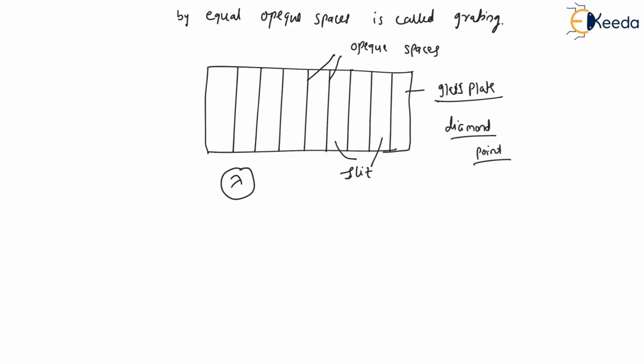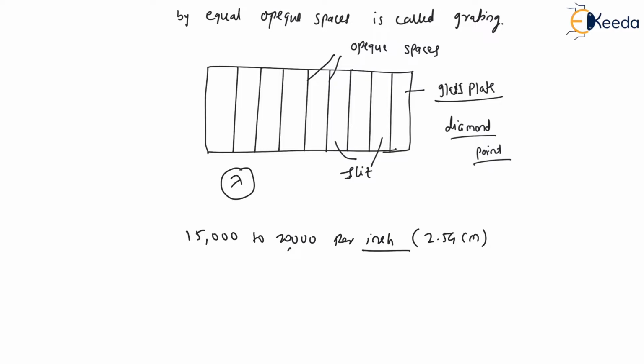Then, as I said, the number of lines for a particular grating is in the order of 15,000 to 20,000 lines per inch. So now you can imagine how small it is. As we all know, 1 inch is 2.54 centimeter.